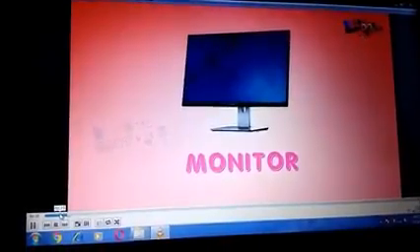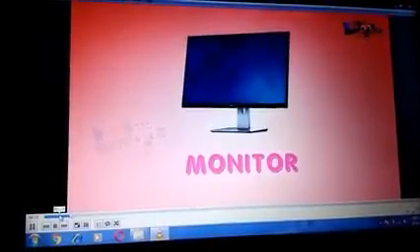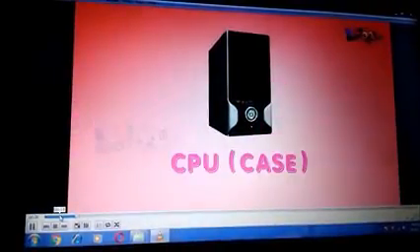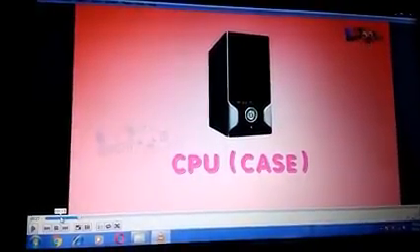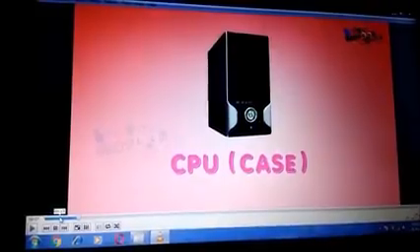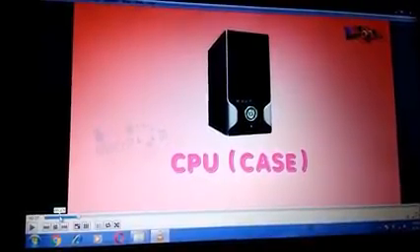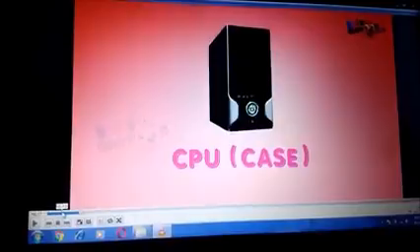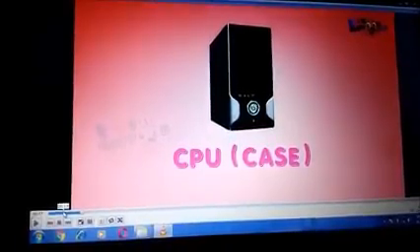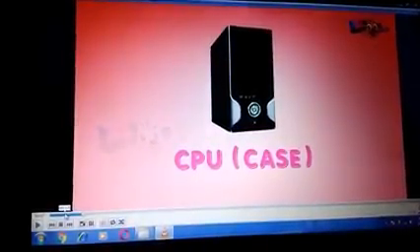The next component of a computer is the CPU or CPU case. CPU stands for Central Processing Unit. We all know that the CPU does the calculation work.